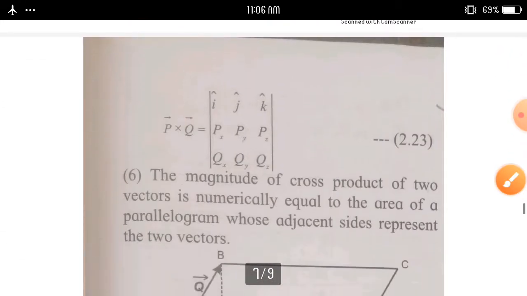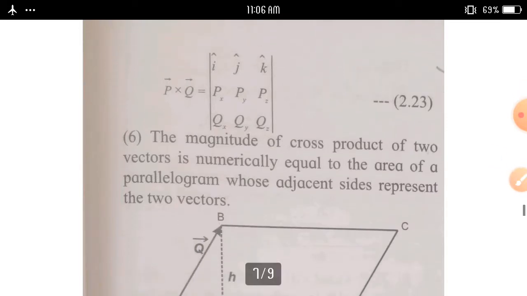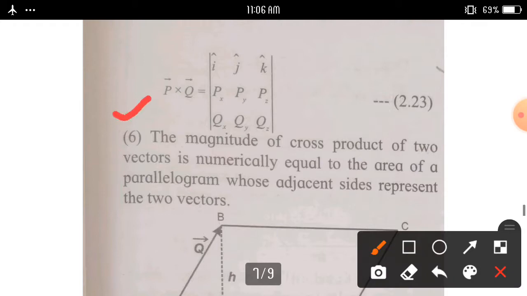And then we can write this equation in this manner: p bar cross q bar is equal to the determinant of i cap j cap k cap, px py pz and qx qy qz.